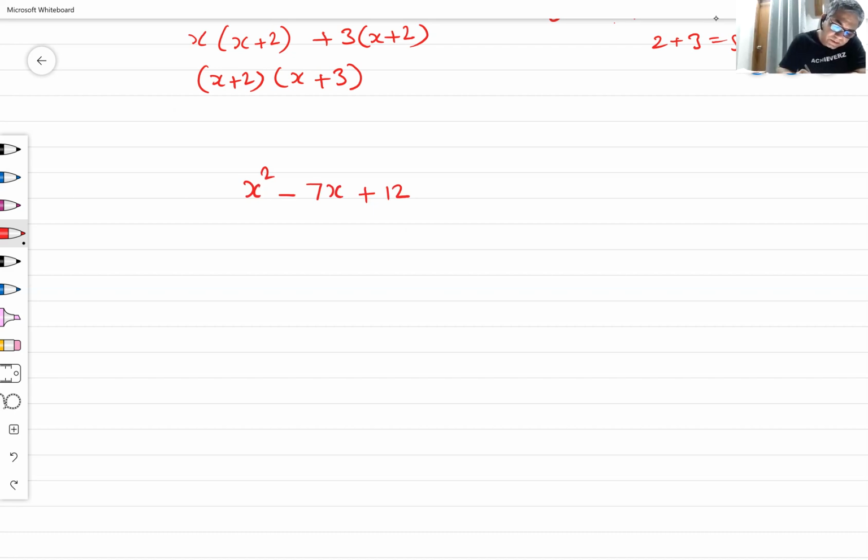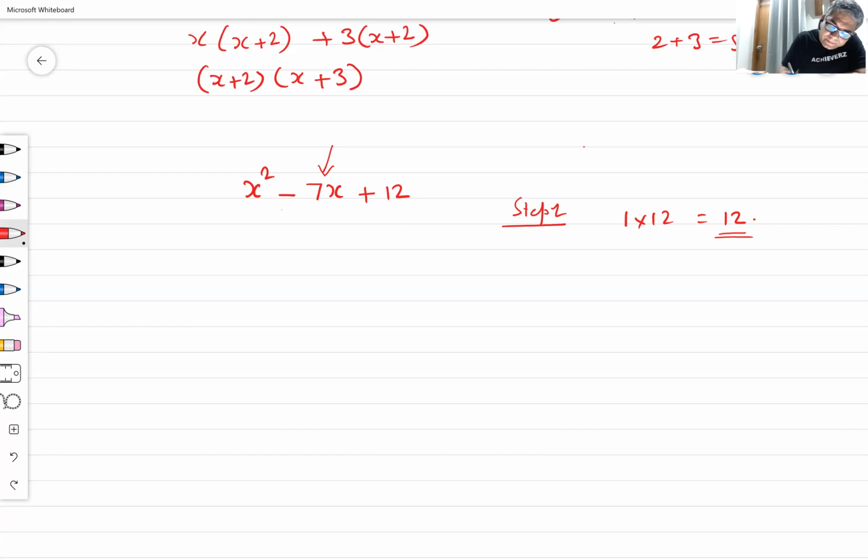So first, step 1, same. The coefficient of x square is 1 and the constant term is 12. So 1 into 12 is equal to 12. Now, I need to get minus 7 from the factors of 12 because now there is a minus sign. First, I have to think what are the factors of 12. 4 threes are 12.